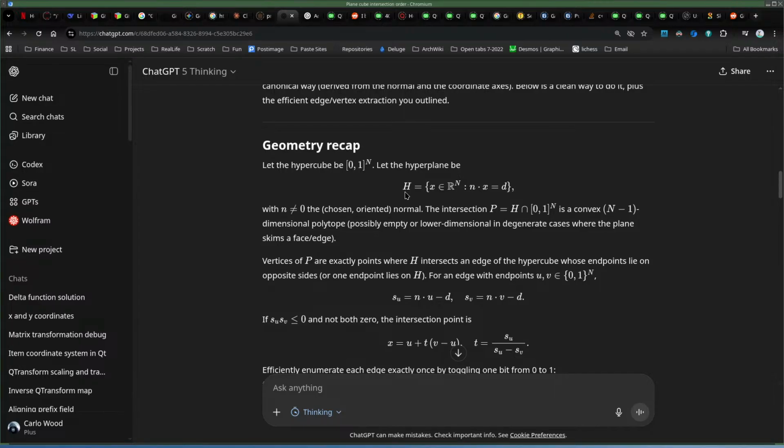H intersected with a hypercube, I guess, but oh, it just takes the solid hypercube.